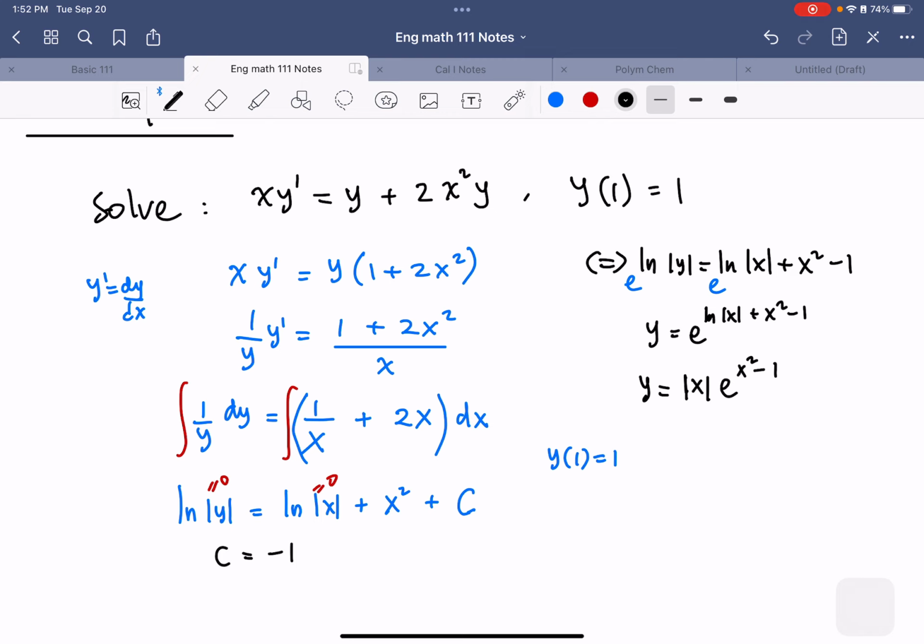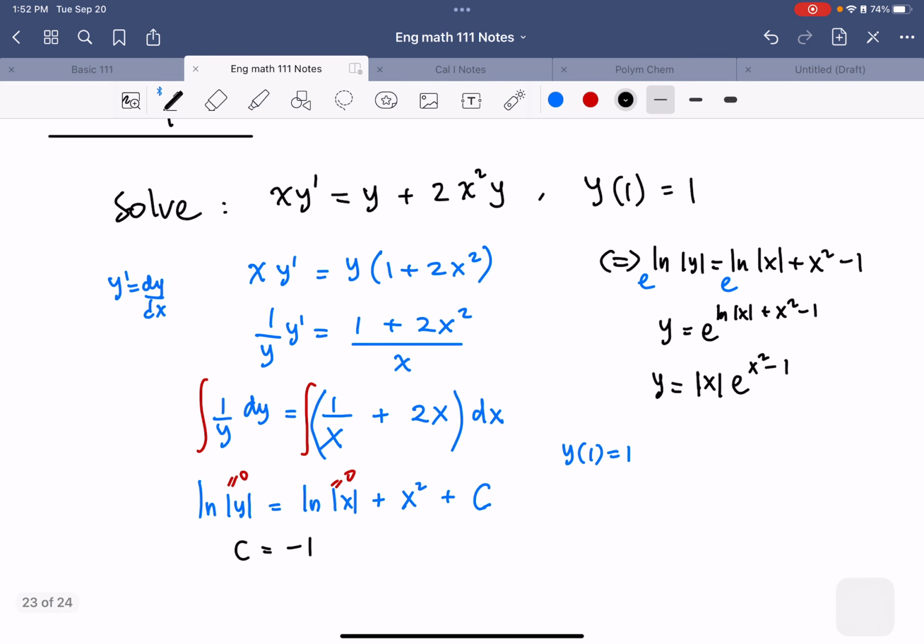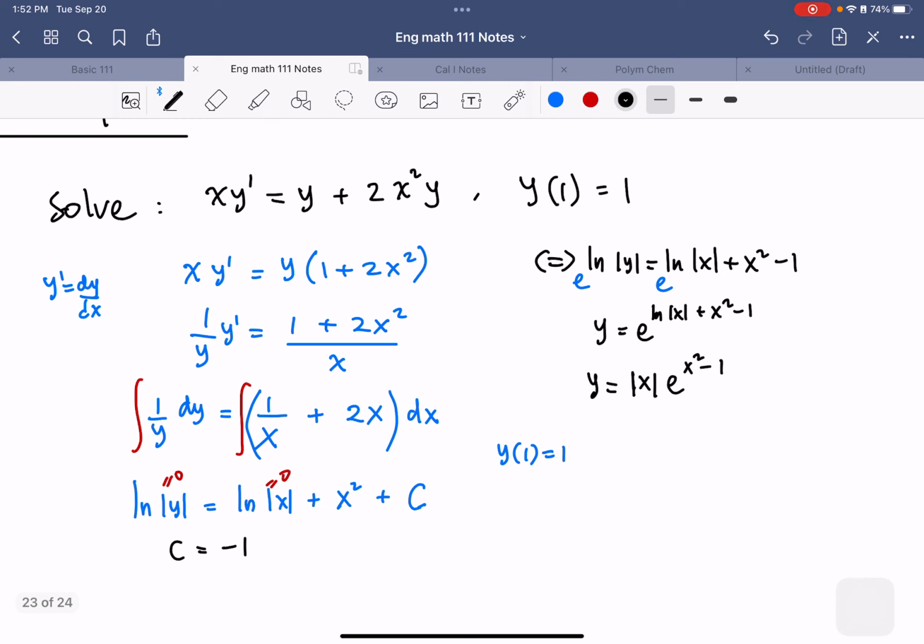Okay, any question for the first one? To check, you can differentiate the equation and find y prime. Hopefully it should be the same.